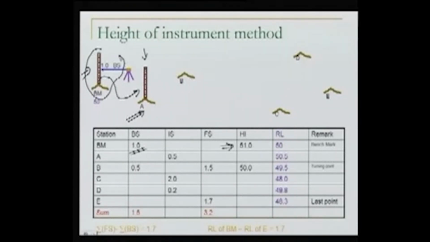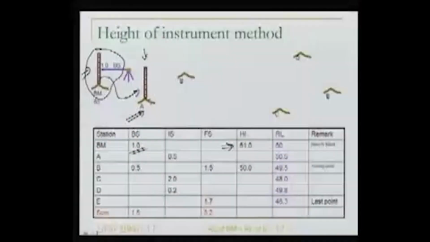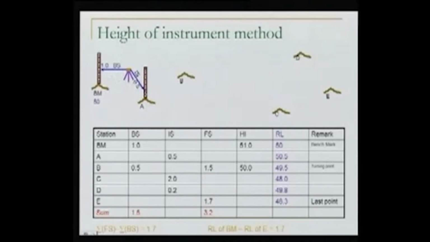I am keeping these readings as such because it will help us to understand this in total. Otherwise, in the field, the staff from the benchmark will move to the point A. Now, having kept this staff vertical at A, we will take the reading. This line doesn't seem to be horizontal, but it doesn't matter.